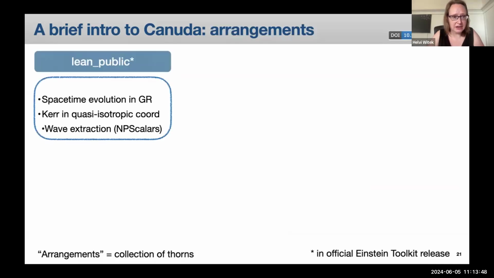What we have is a set of arrangements that can do space-time evolution in general relativity and wave extraction using Newman-Penrose scalars. So this has already been available. I know people have partially used this or compared code to it.